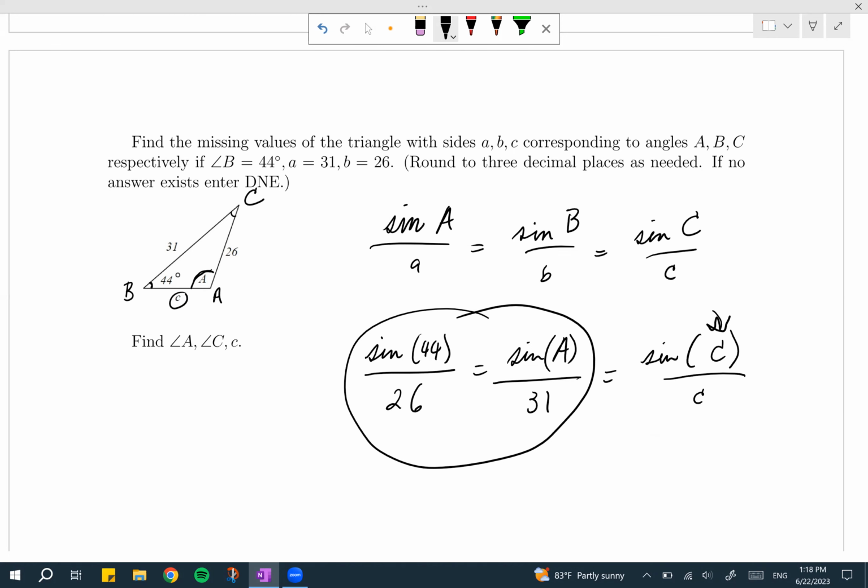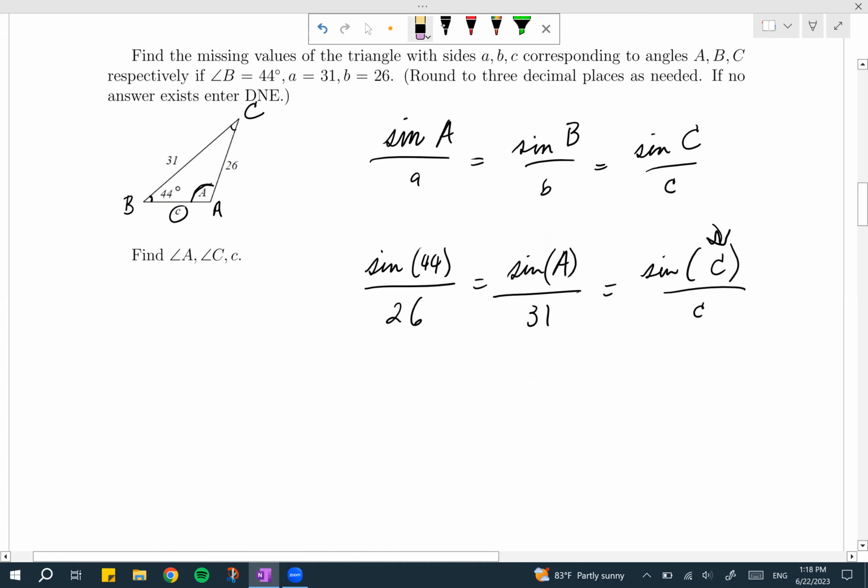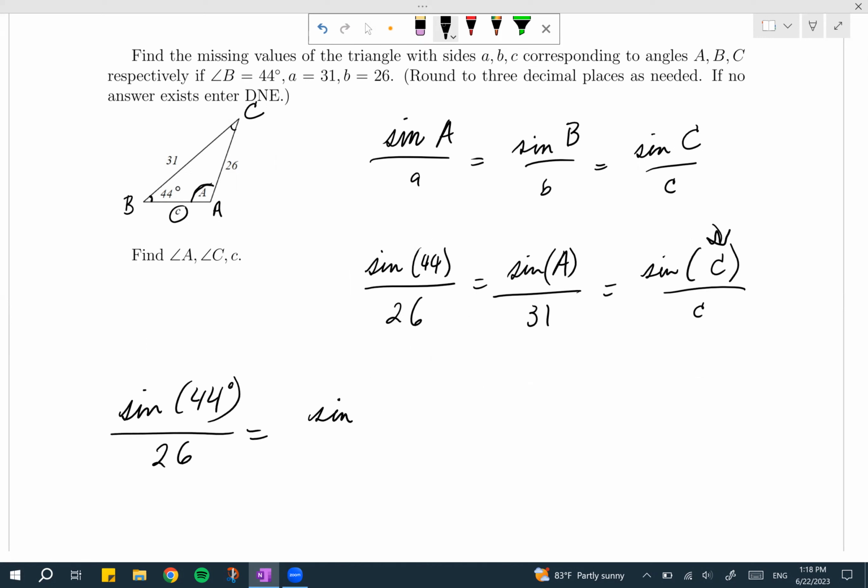So for this first one, I have sine of 44 degrees over 26 is equal to sine of A over 31.